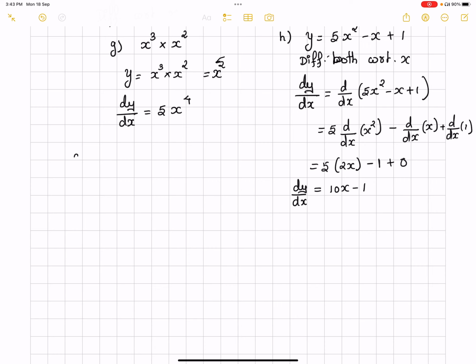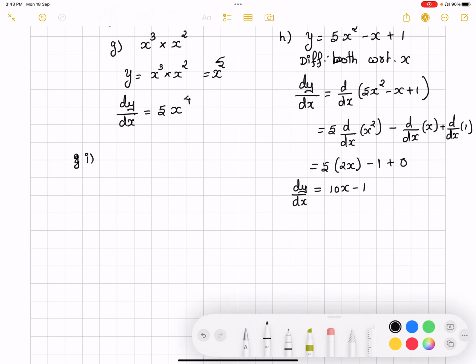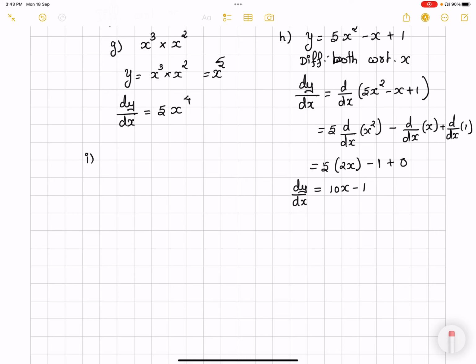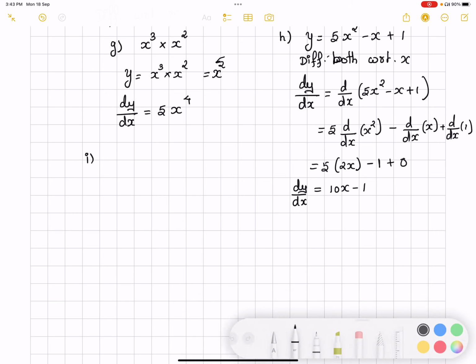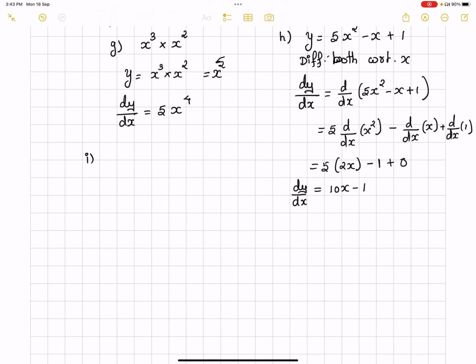Let's start with the problem number I. So we have y is equal to 4x squared plus 3x minus 2 divided by root x.